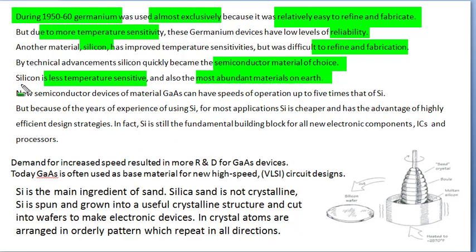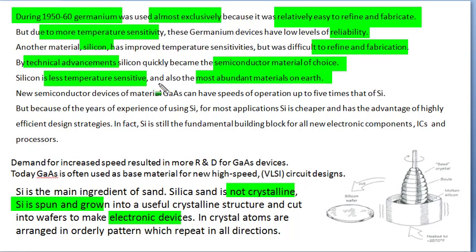This is all done by recent technical advancement in silicon processing. Common silica sand is not crystalline. What we do is spin silicon at a very high speed to generate a crystalline structure, and then we slice small wafers, and from those small wafers we produce electronic devices.